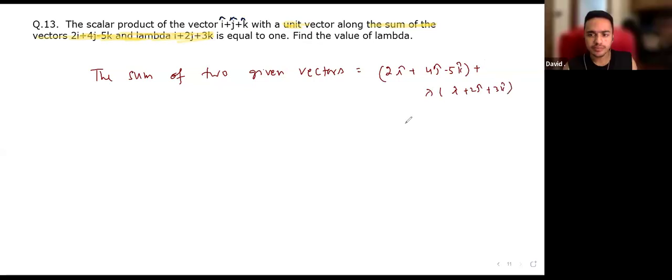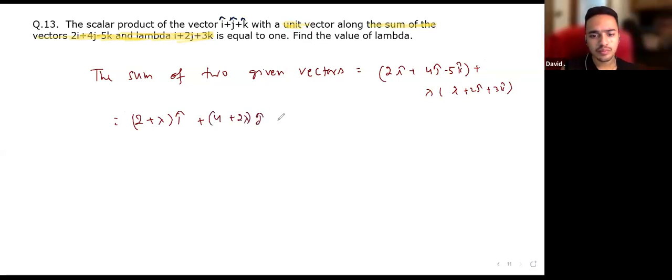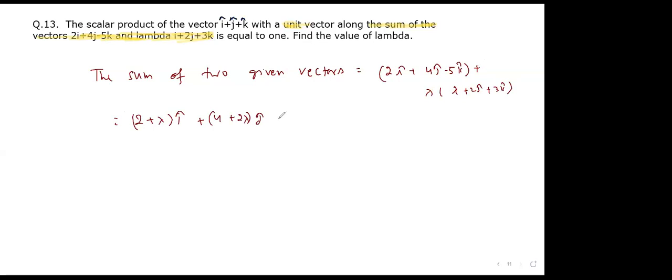So this will be 2 plus lambda i cap plus 4 plus 2 lambda j cap plus 3 lambda minus 5 k cap.